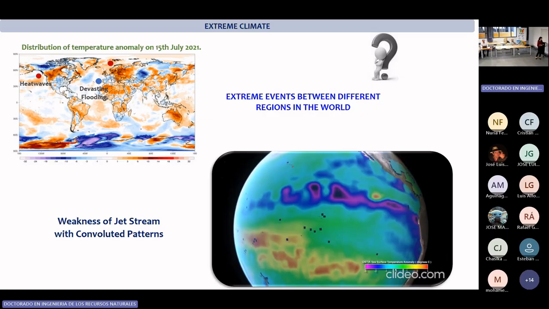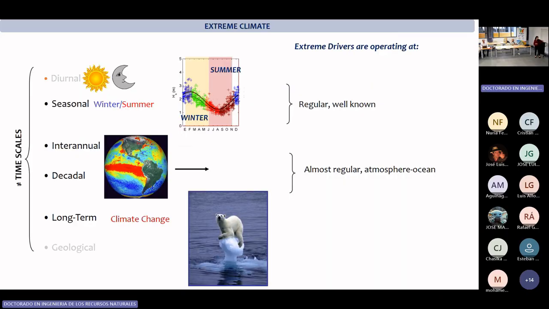That could be explained by this instability. As I discussed in the first part of this seminar, all processes or mechanisms, from the scale of the extremes to the scale of climate oscillations, have different time scales: from diurnal, extremes, seasonal, interannual, decadal, and long term, like when we look at climate change.